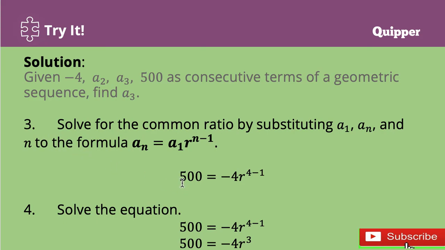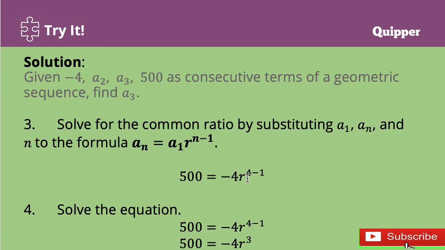Here are the substituted values. 500 is equal to negative 4 times the common ratio to the power of 4 minus 1. Take note, we are finding the common ratio here. That is why we don't have the value of r yet.